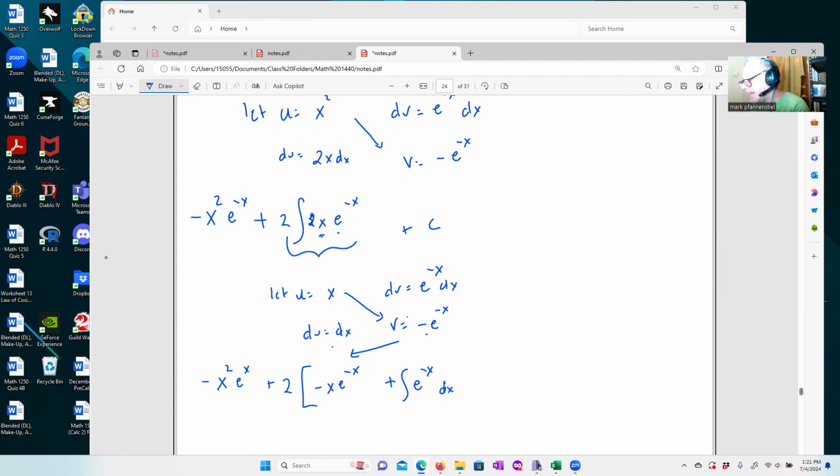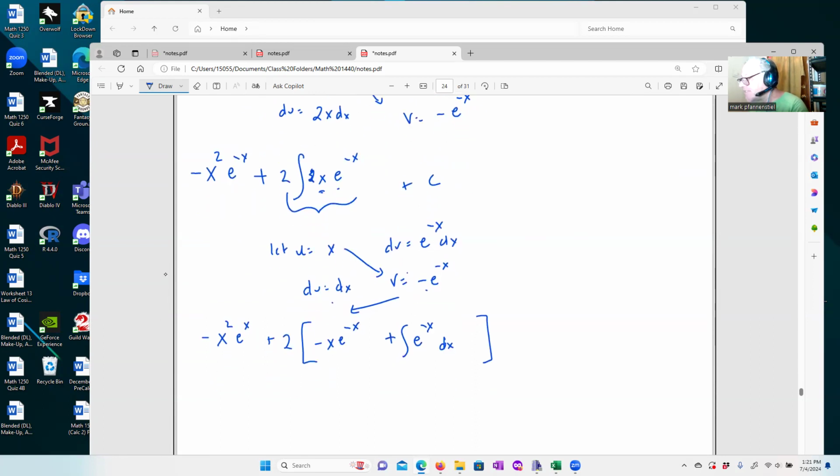Okay, that's this part right here. Now, this part, we can say, okay, I can integrate e to the negative x. That's pretty good. So we have negative x squared e to the negative x. Plus, don't forget to factor this out. We have a minus 2x e to the negative x. Let me make that clear that that's a minus there.